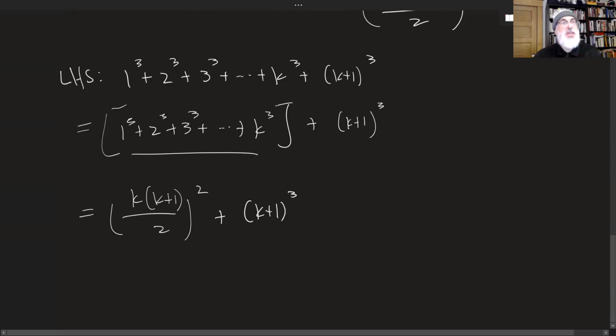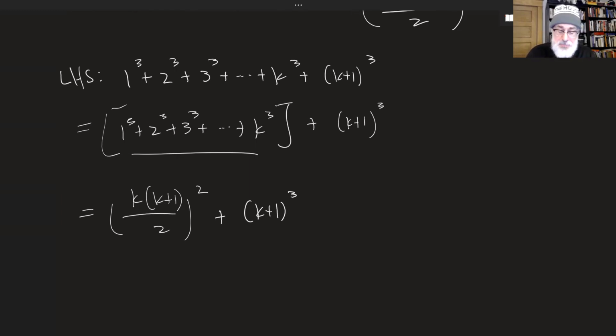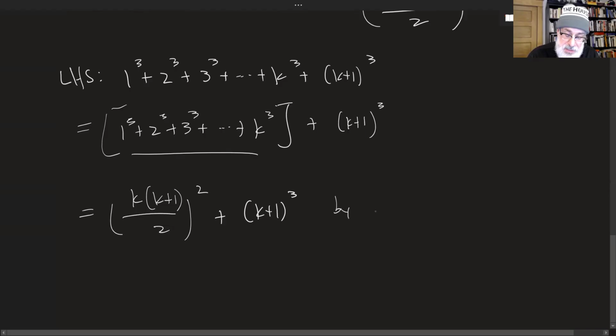And then we have this (k plus 1) cubed term on the right here. I'm going to make a note to the side and say this is by the induction hypothesis, by IH. That's why I can replace that summation to k.